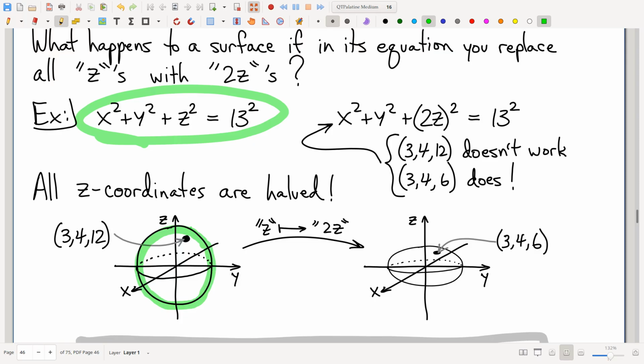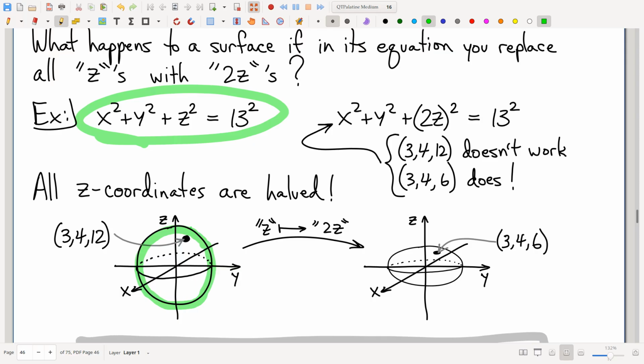In the starter example, this equation right here, I do know what that looks like. I can convert this to spherical coordinates. This is just rho squared equals 13 squared, so rho equals 13. It's a sphere of radius 13, nothing to it. You could make a rotation argument, right? X and Y appear only in the special form. So, another way to go.